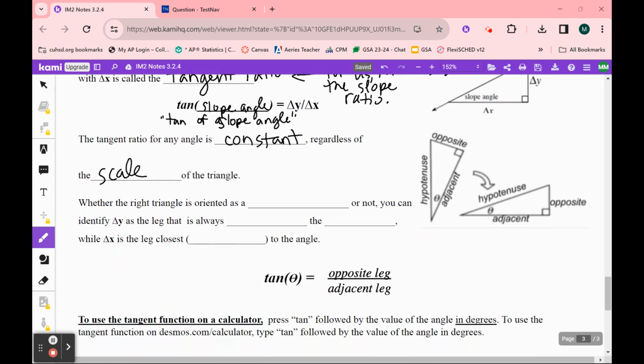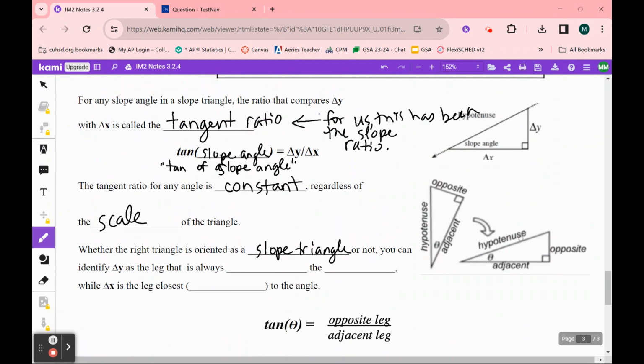And whether the right triangle is oriented as a slope triangle, which is here, or not. Maybe it's reflected, maybe it's rotated. You can still identify change in y. That's always going to be the leg that is opposite the angle.